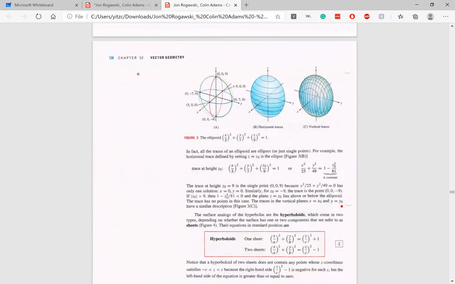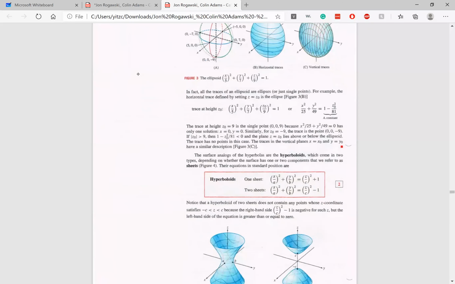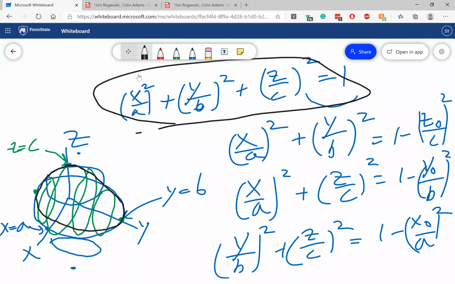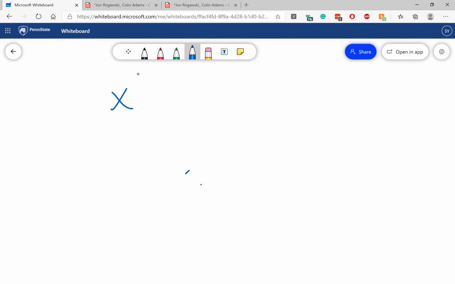Okay. So now let's go on to the hyperboloid, and we have two types, of one sheet and of two sheets. So the first equation that we want to look at is this equation over here, x over a squared plus y over b squared is equal to z over c squared plus 1.